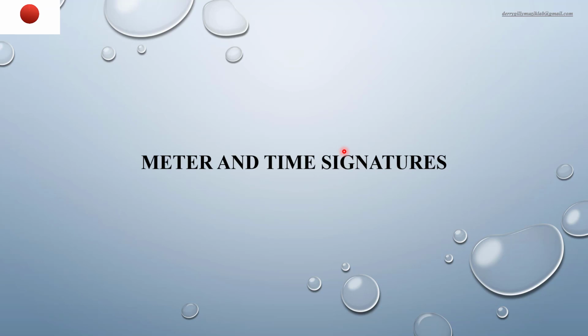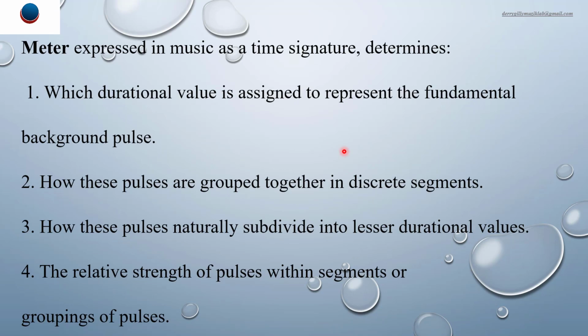So we will say that meter is the ratio of how many of what type of pulse values are grouped together. And simple meter divides the pulse into two equal proportions.